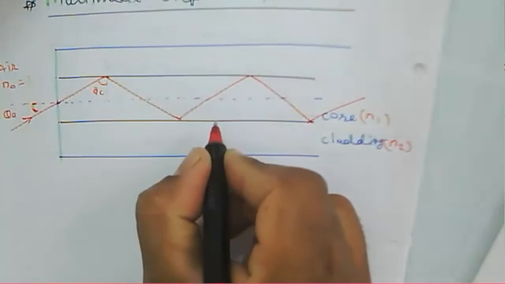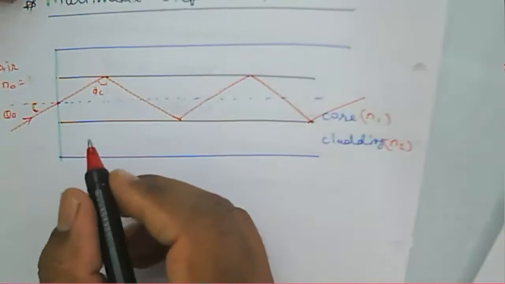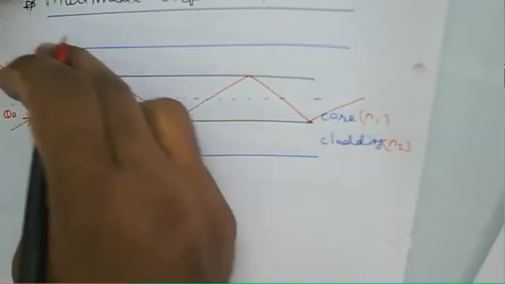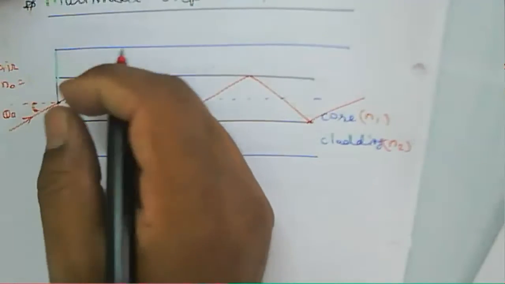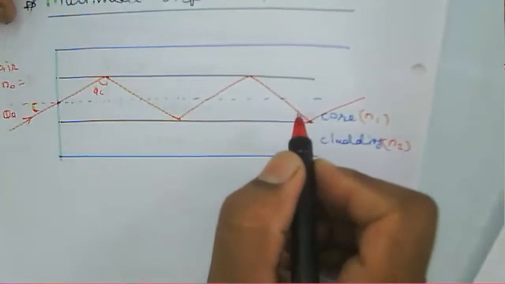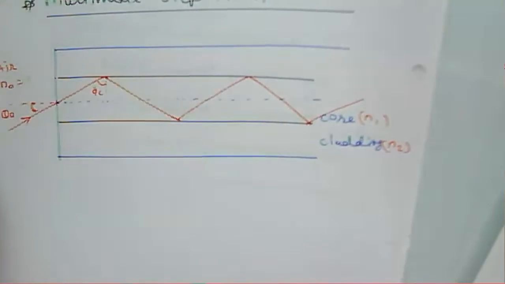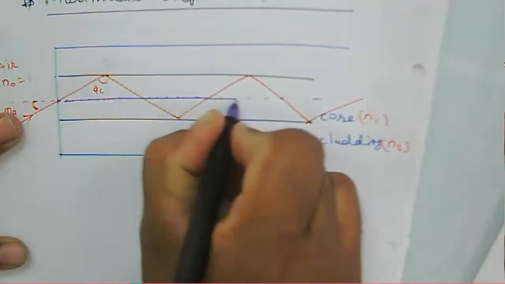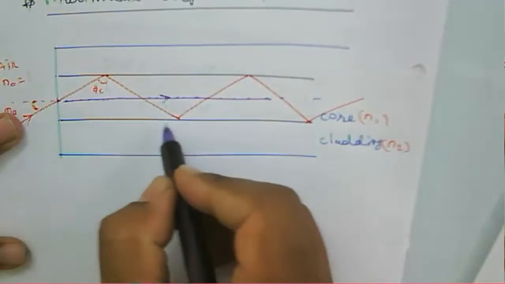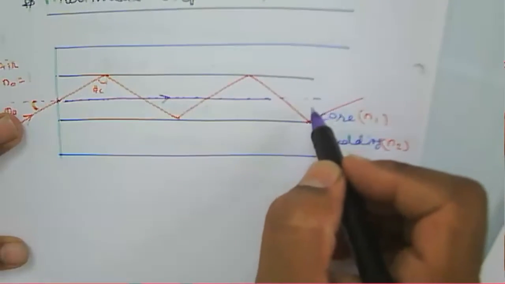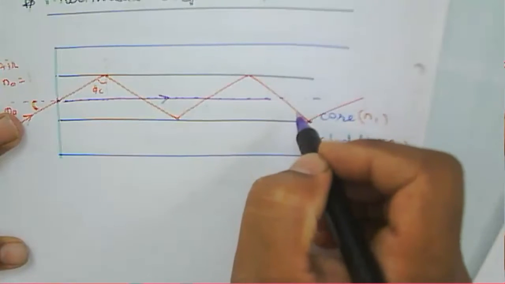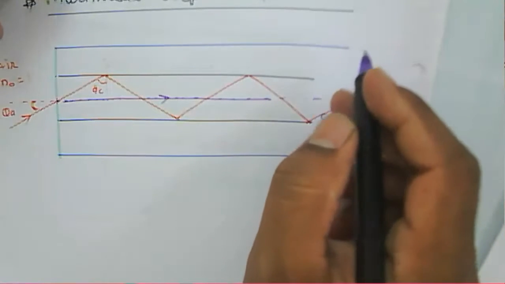Now the rays propagating through the fiber have multiple paths, as per the numerical aperture or the acceptance angle. Some of that path can be an axial path also. Some of the rays propagate through the axis, and some are reflecting through the boundaries of the core and cladding.